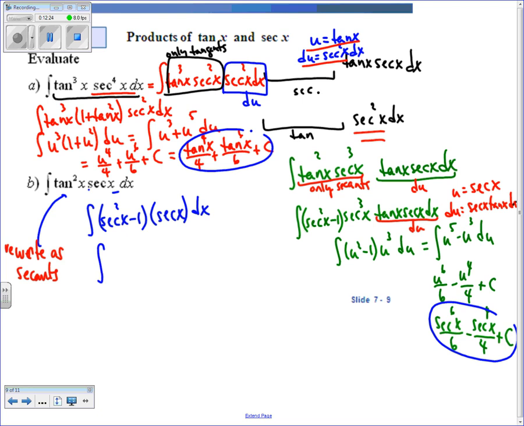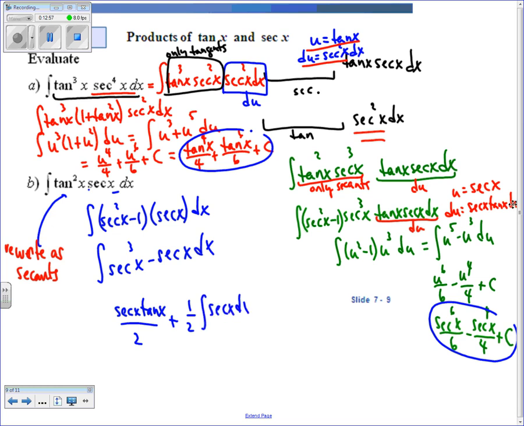So now I've got an integral of secant cubed x minus an integral of secant x, and the integral of secant cubed we just finished. Or using the power reduction formula, I know that that's going to be secant x tangent x over 2 plus 1/2 the integral of secant.